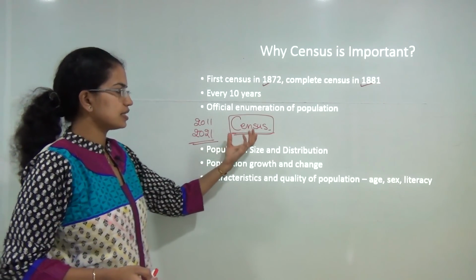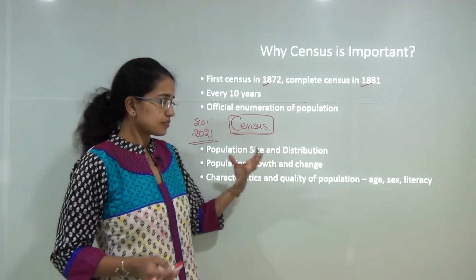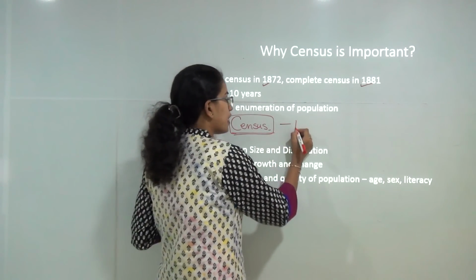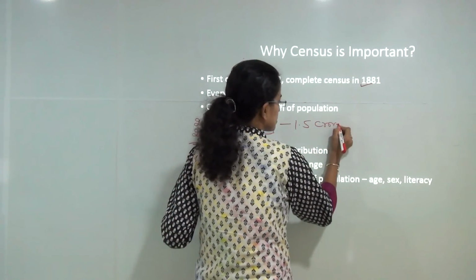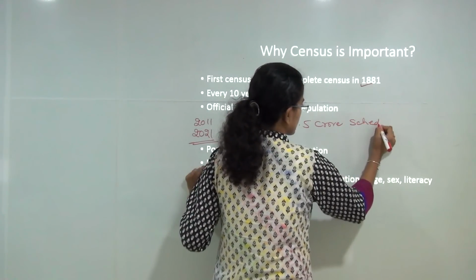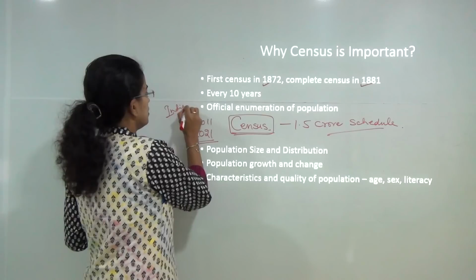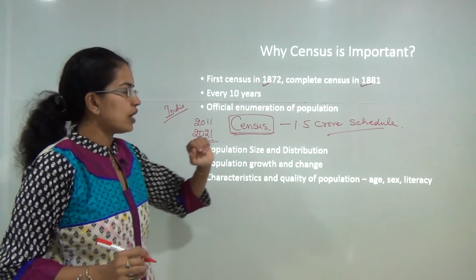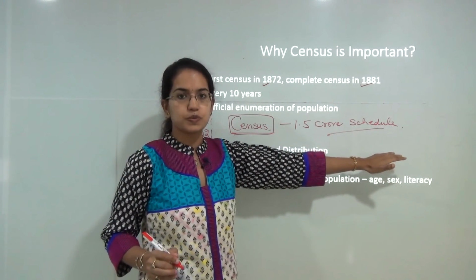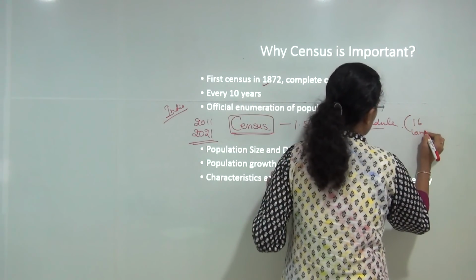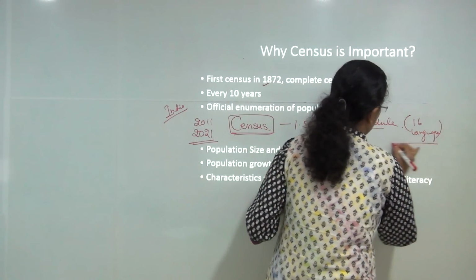What all are the things that are studied under census? So under census, you won't believe there are nearly 1.5 crore schedules that are studied in the Indian census. We are focusing just on India right now. So in the Indian census, there are 1.5 crore schedules which are available in 16 languages. That was for 2011 I am talking about.